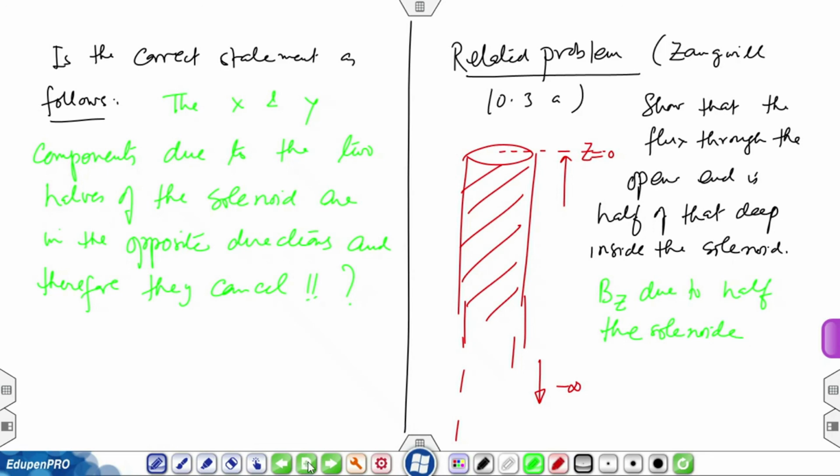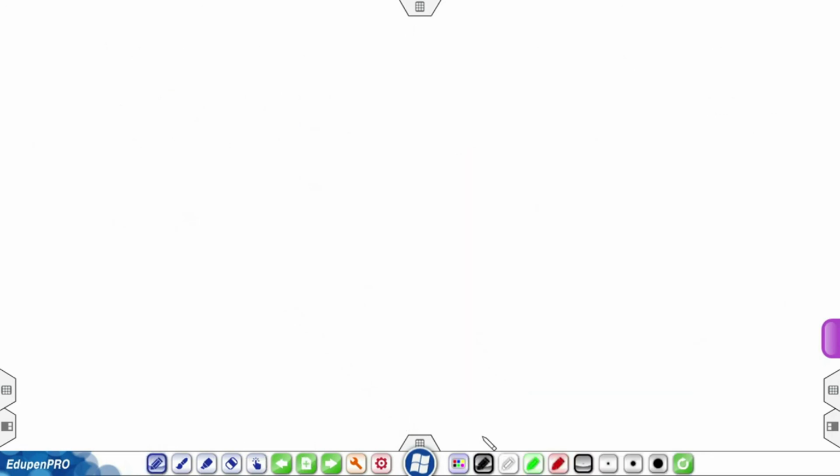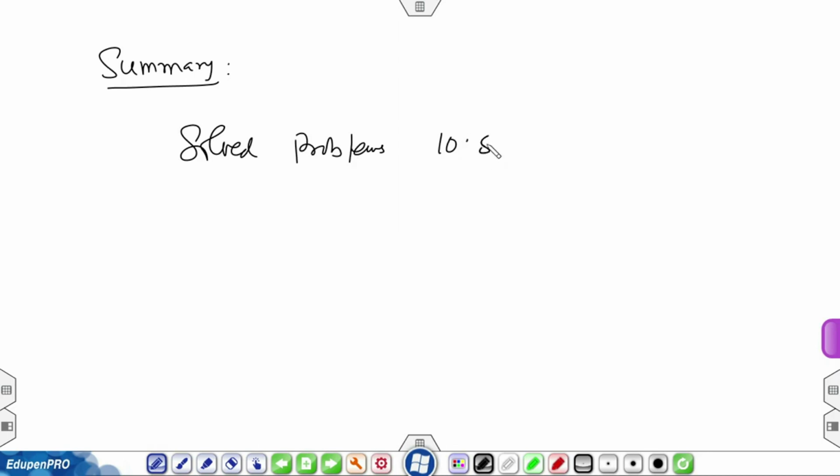To summarize this lecture, I solved problems 10.8 of Zangwill and 5.2a of Jackson, other parts will follow, and 10.3a of Zangwill.